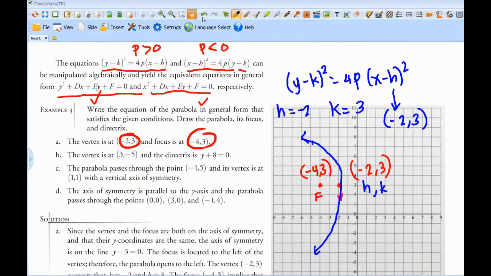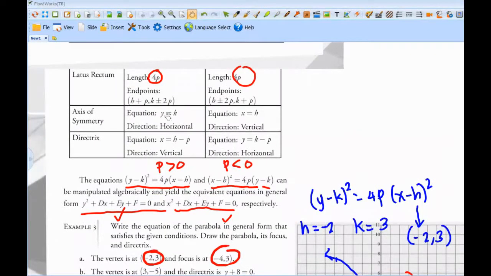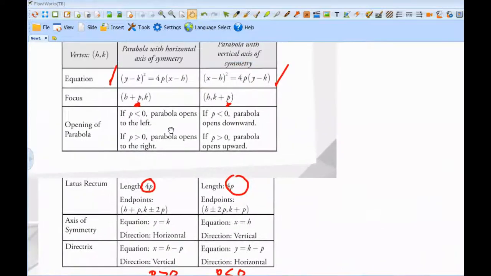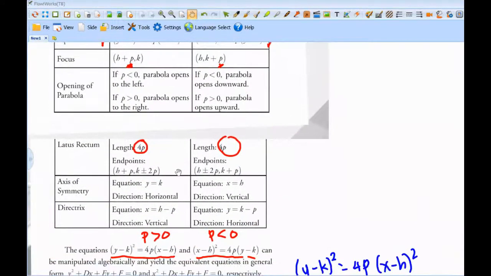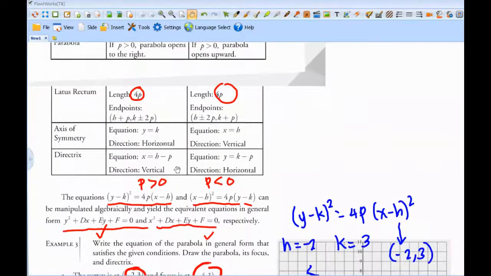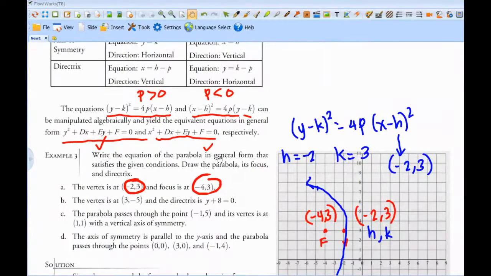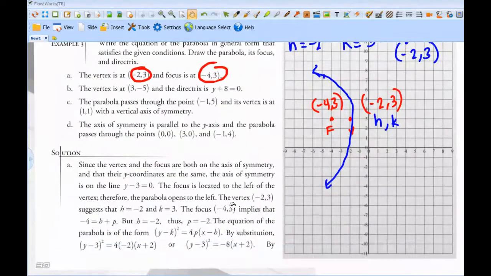So let's go back to our formula for opens to the left. This is left and right. Since we have our h and k already, we can get our p, our x, and our y.